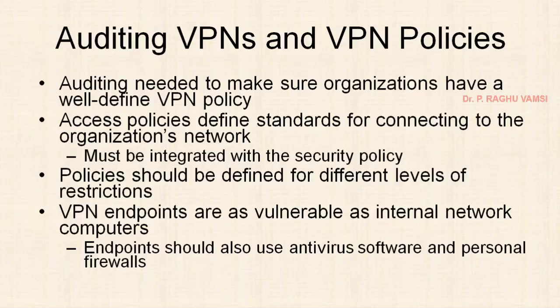The basic functionality of the firewall is filtering, the second is proxying, and the third is logging. So this logging should be recorded and audited properly. VPN endpoints are as vulnerable as internal network computers, so endpoints should also use antivirus software and personal firewalls.